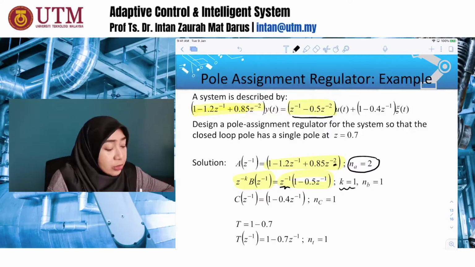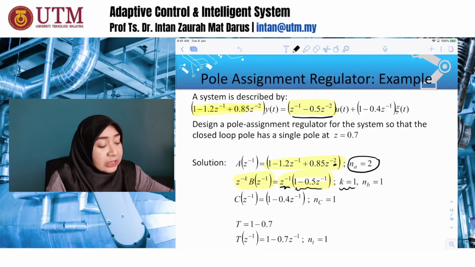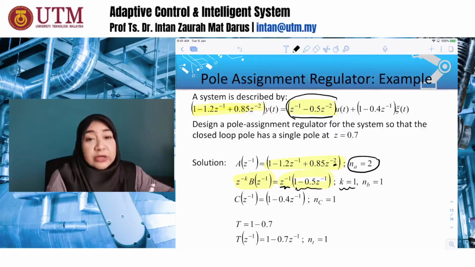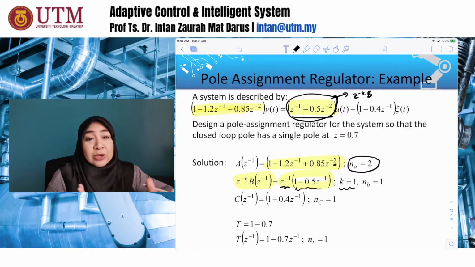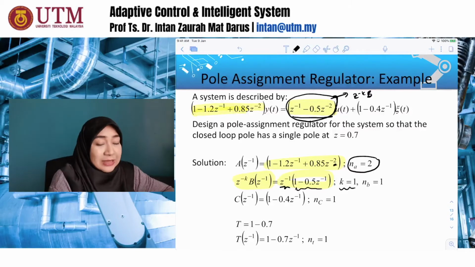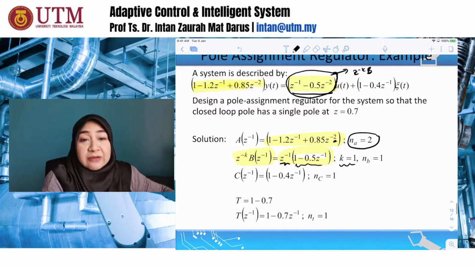Your polynomial B is going to be 1 minus 0.5 z minus 1. Initially it comes from this polynomial here, but it actually has two things, z minus K and polynomial B, so I factorized it to split the z minus K from the polynomial B. Then we know the model order of B from that equation is 1.